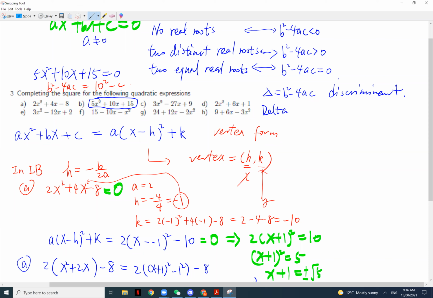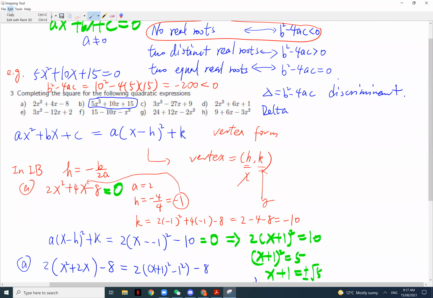Good. c is 15. What's the value? 100 minus 200, less than 0. So we can say no real roots. You cannot solve it. You cannot find the value of x at standard level.